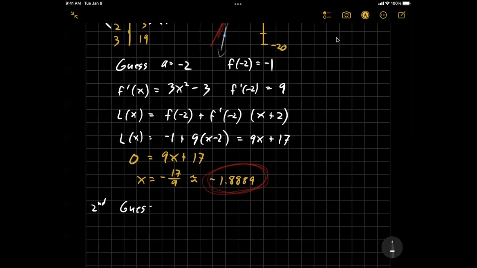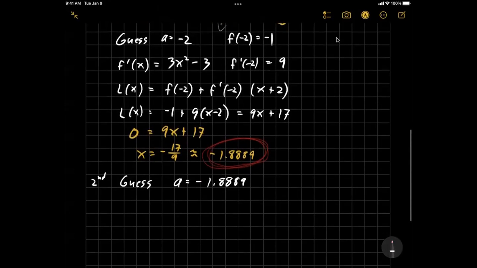So this is going to be our second iteration of the process, is that a is -1.8889. Okay. So that means we need to find f of -1.8889. All right, or we could have used -17/9.